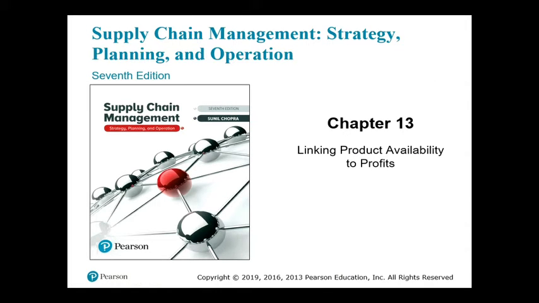Okay, so the topic in chapter 13 is very, very similar to chapter 12. And what we're looking at in chapter 13 is how to determine the appropriate product availability or service level.